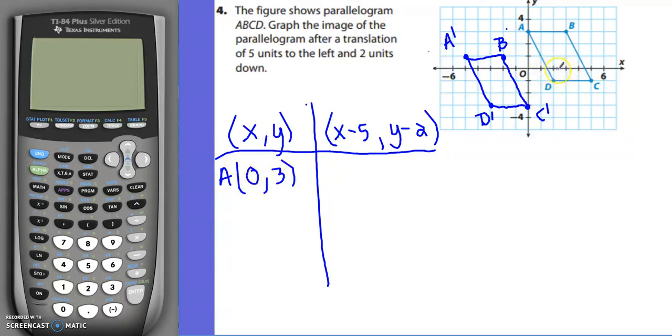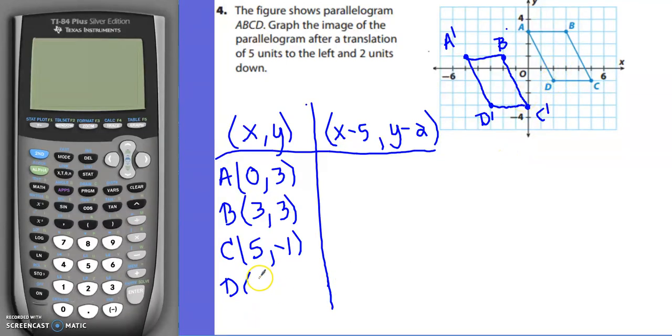B is 3, 3. C is 5, and down 1. And D is to the right 2, down 1. Okay, so we need to come up with A prime, B prime, C prime, and D prime.